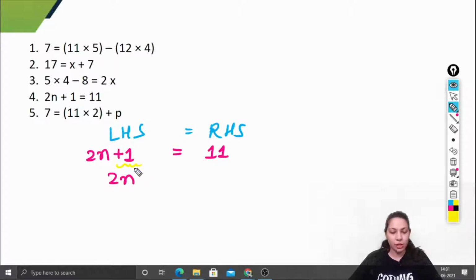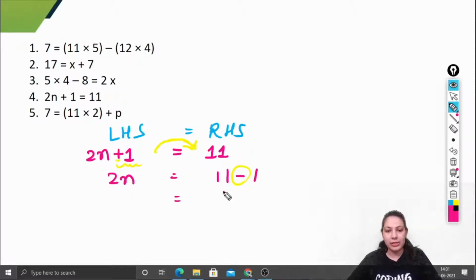So firstly I will shift this 1 to the other side of equality, and the sign will change from plus to minus. So this will be 11 minus 1. There is a sign change because I shifted it to the other side of equality. Now 11 minus 1 is 10, equals 2n.